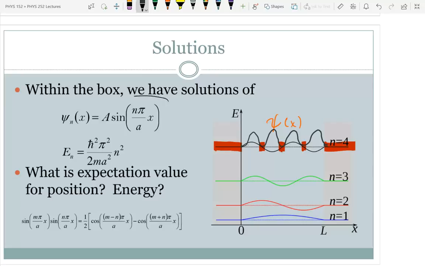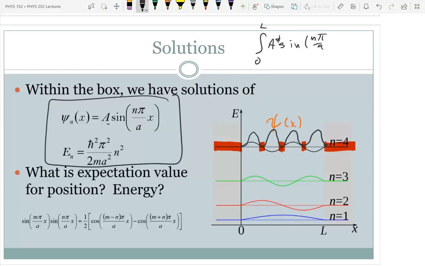Here are the actual solutions. This is a normalized wave function if we choose A correctly. And in class, we did the normalization calculation. We did the integral from 0 to L of A star sine of n pi over L x times A sine of n pi over L x dx.